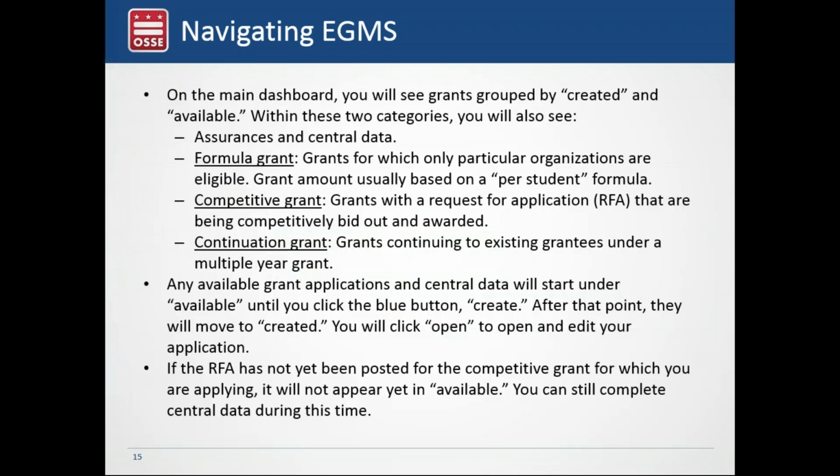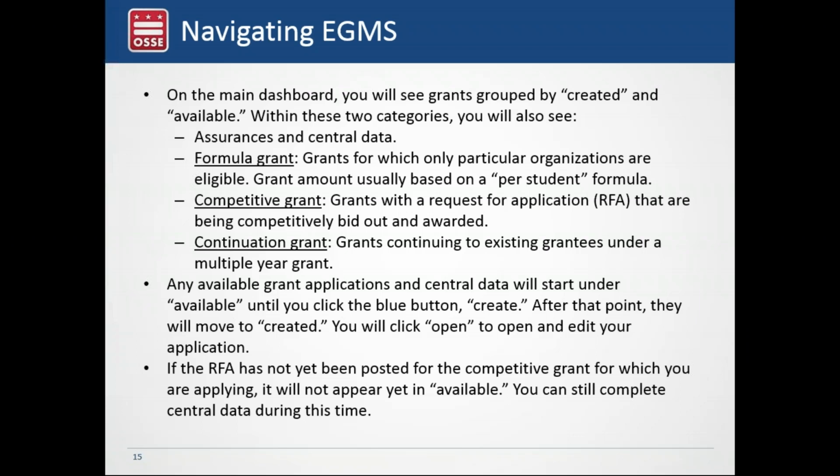I'm going to skip for a second because we just talked about the formula grant, competitive grant, and continuation grant subheaders, and I want to explain what those mean. A formula grant is a grant that only particular organizations are eligible for, and it's usually based on a per student formula.